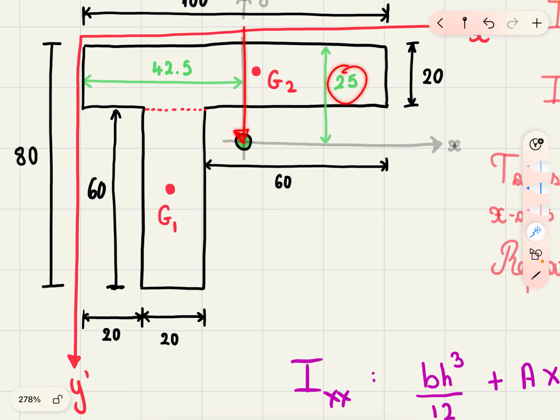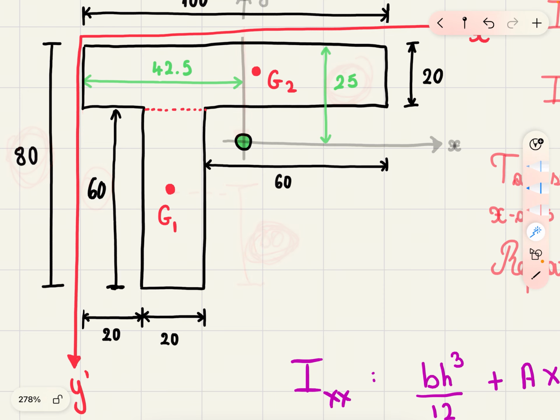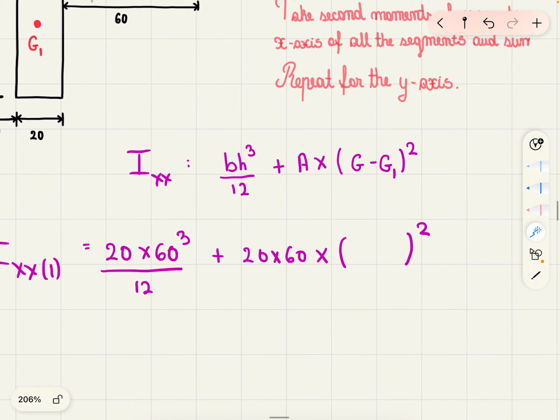This one we know is 25, and this one we know is half of 60, so 30. So we do 80 minus 25 minus 30 to give us this distance, and that's going to be 25.